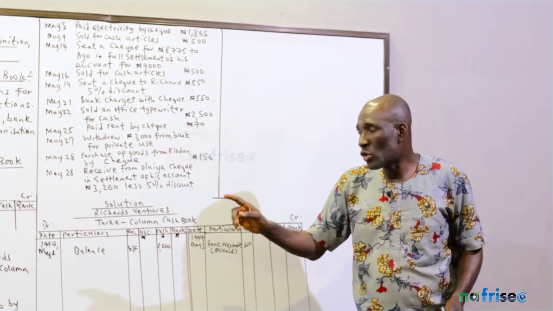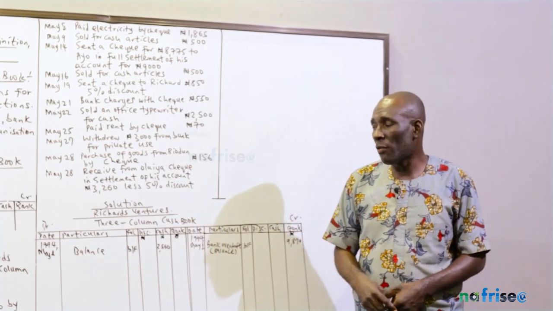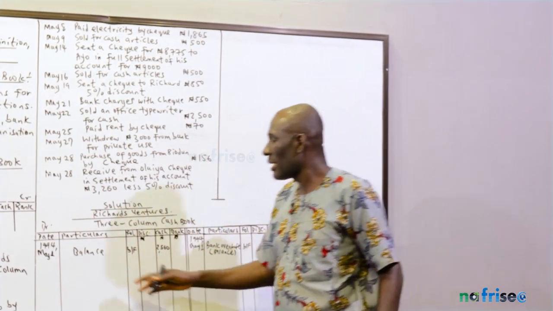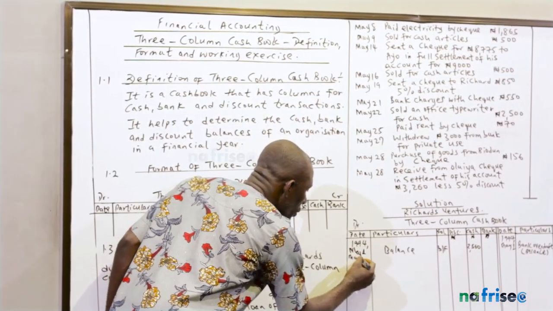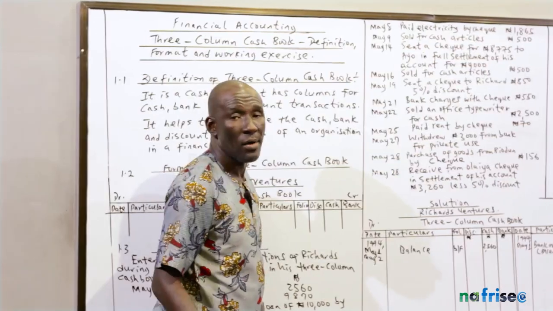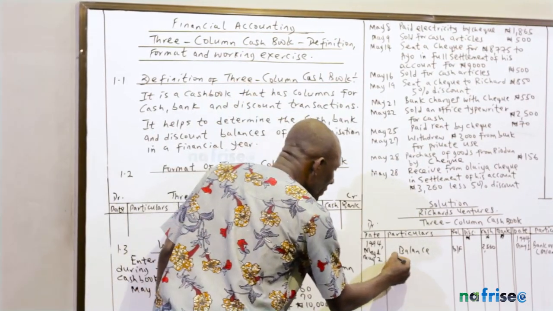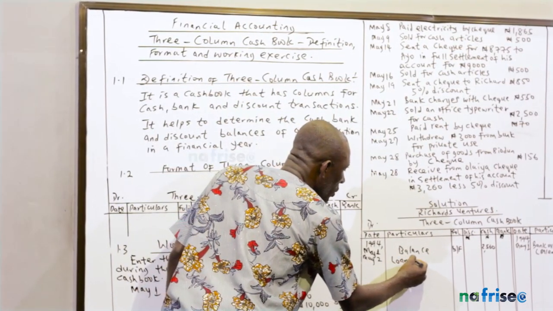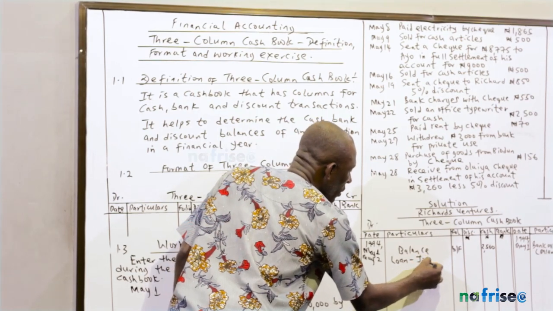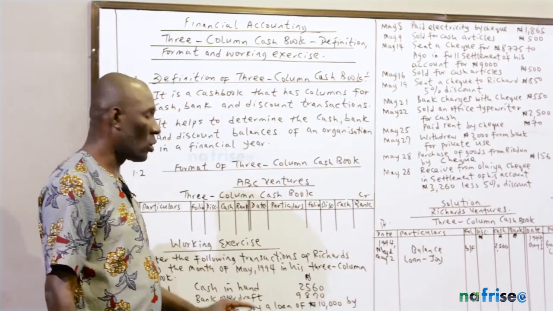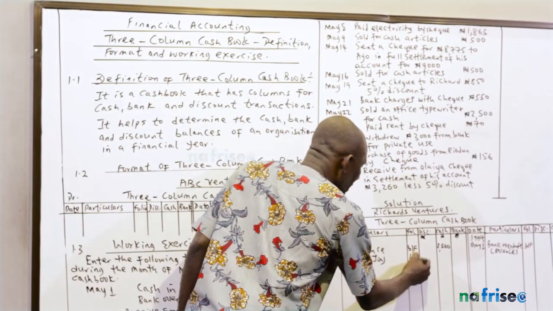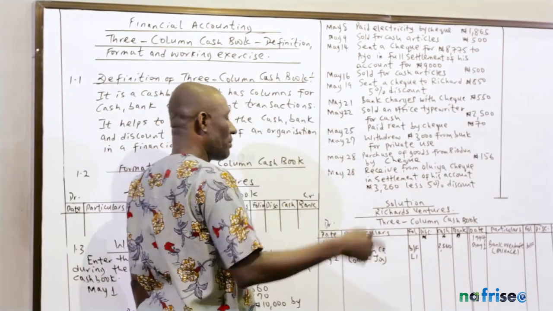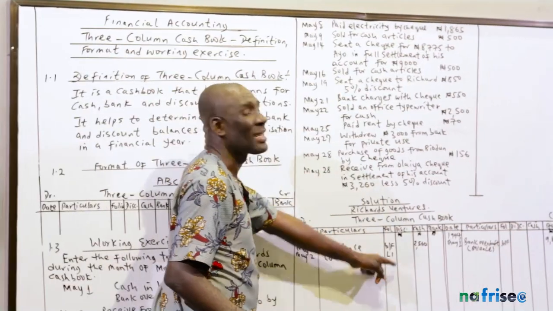Now, May 2, received from Joy a loan of 10,000 naira by check. Like I said, it will be debited. So we'll come here, May 2, write our date. What was received? A loan from Joy. In the folio, the corresponding entry will be found in the first ledger, so that's why I have L1.